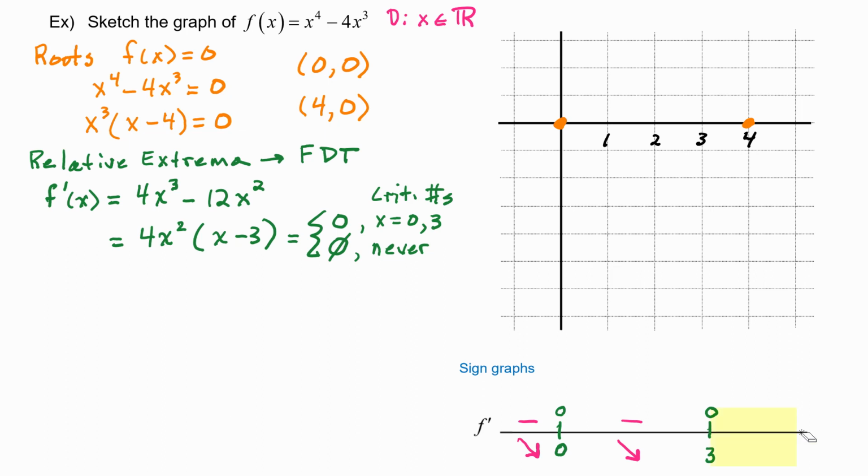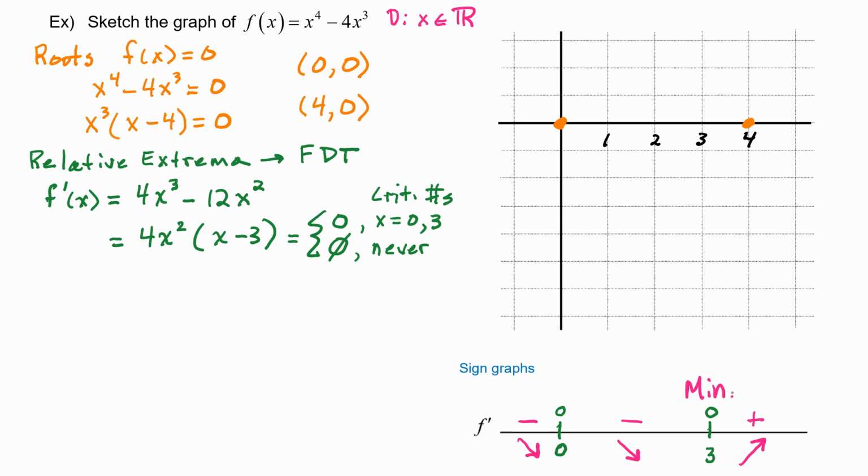Now, let's pick a test point over here, which would be x equals 4, and we will get a positive. Now that makes the graph increasing, and we can see because the derivative changes over from negative to positive, that means we will have a relative min there, and it's okay to just write min.